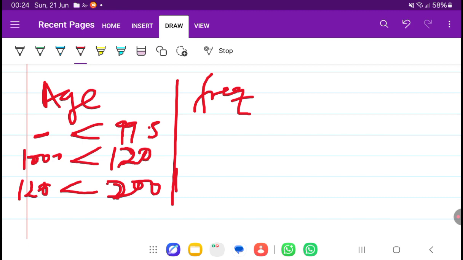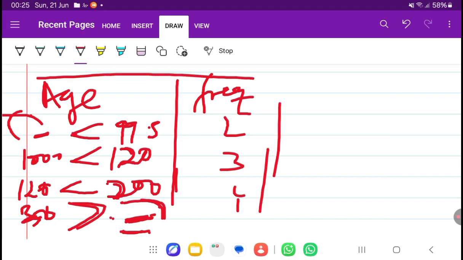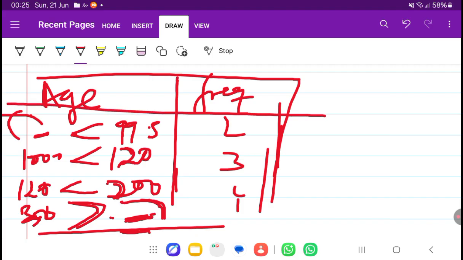Then when they come here, they say maybe 300, then they say greater than, when the value here is not given. So the value here can be either too big, and this one too small. Then they give you 2, 3, 4, and those are the frequencies. Those are the ones that we call open-ended classes.